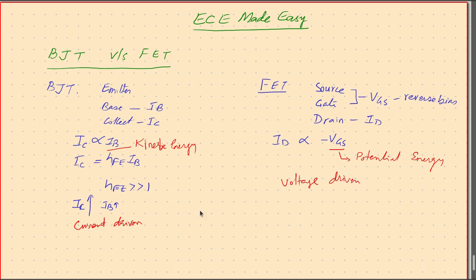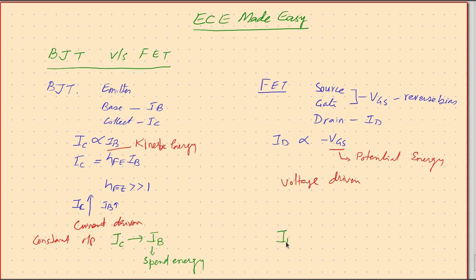What do you mean by these two, current driven and voltage driven? Current driven means if you want to maintain a constant output in the case of BJT, we need IC that requires IB. That means we need to spend energy to flow this IB and create the output current.